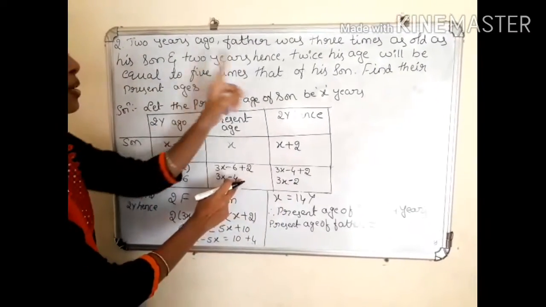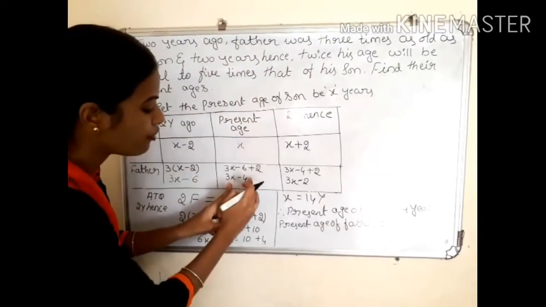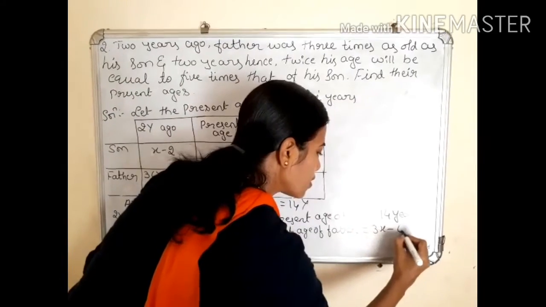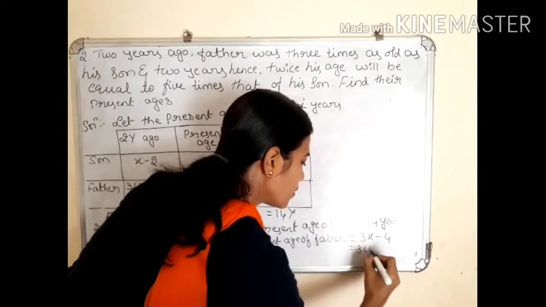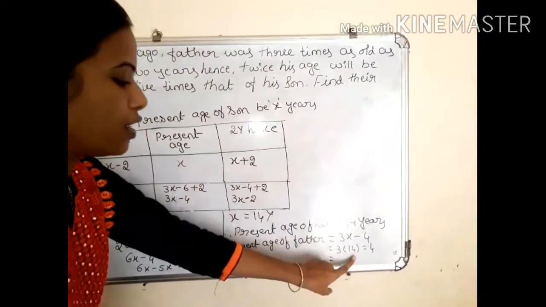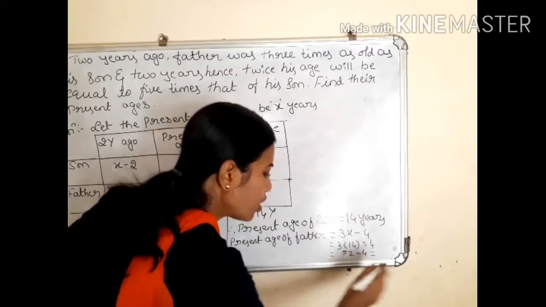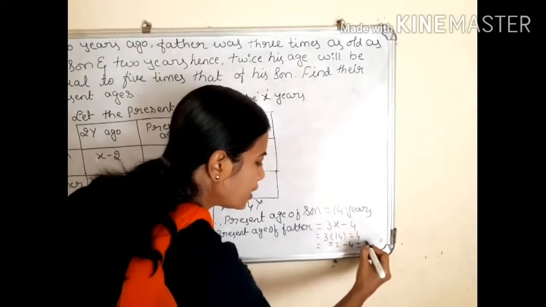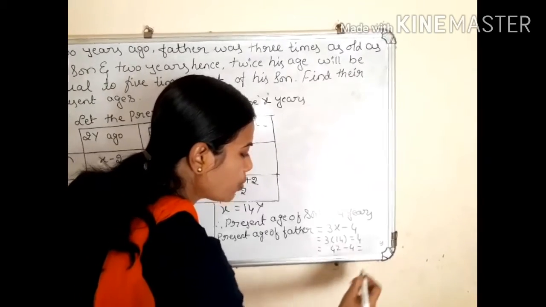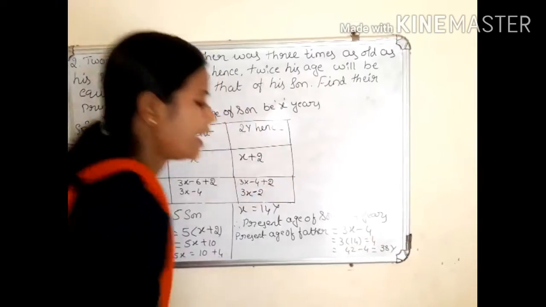He is asking for present ages, and present ages means you have to consider the father's age in the present age column. The x value is 14. 14 threes are 42, minus 4 is 38. 38 years.